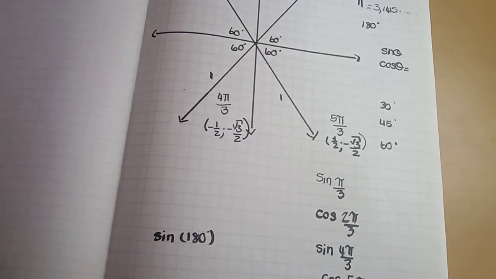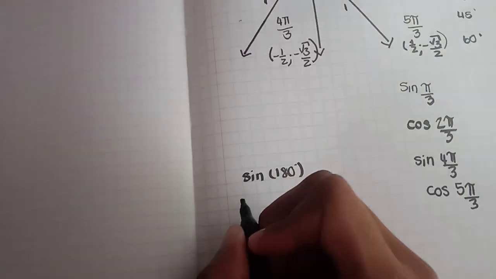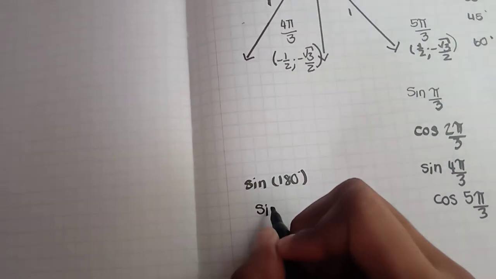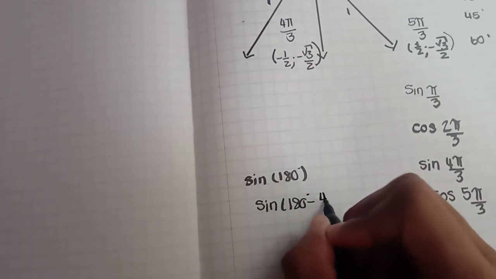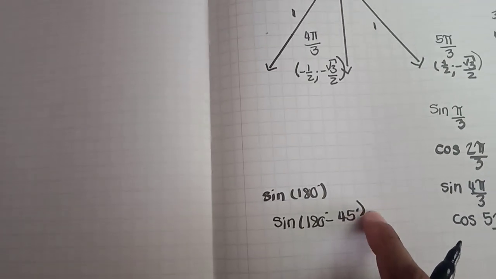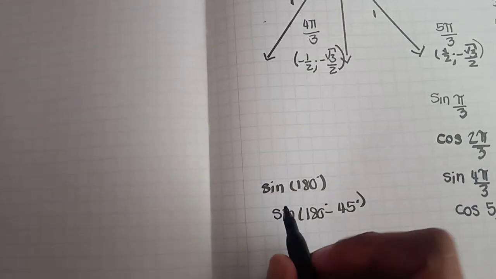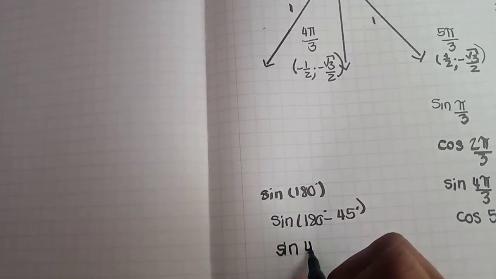So sine 180 becomes sine of 180 minus 45 degrees. The reason it's 135 degrees is because we want to put this in acute form, and you're going to find that this is equal to sine 45.